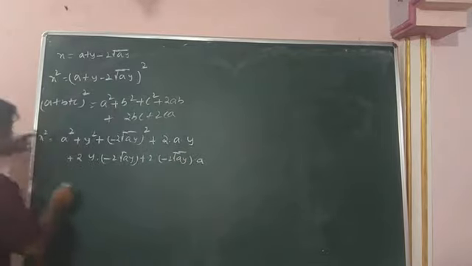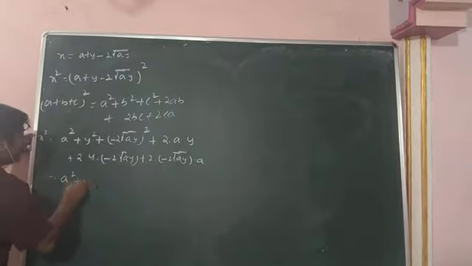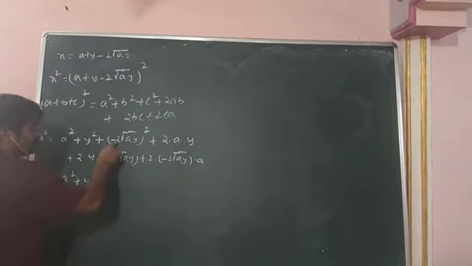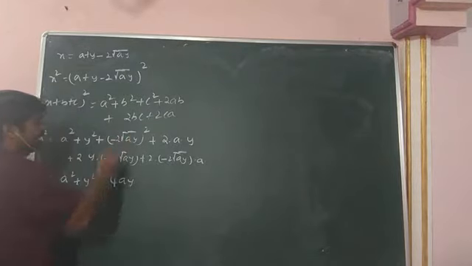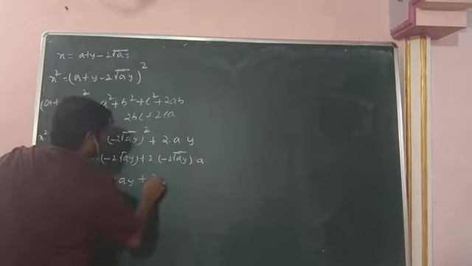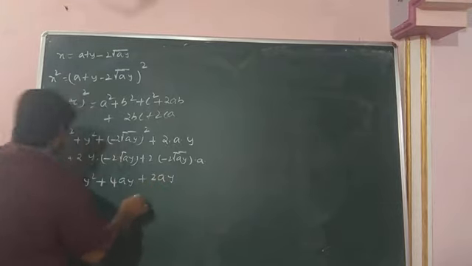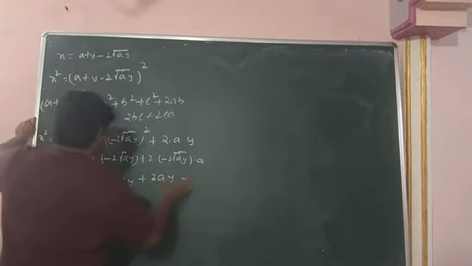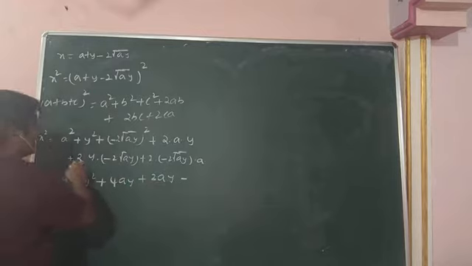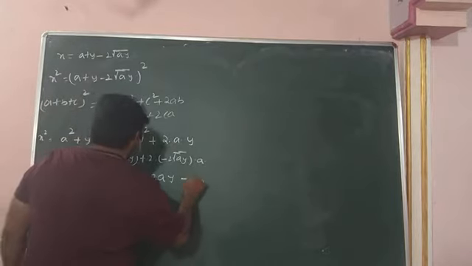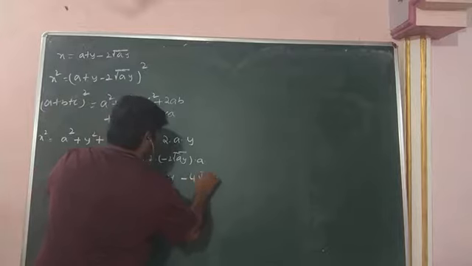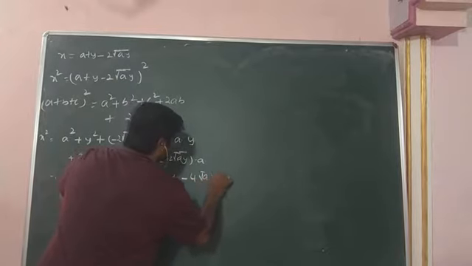So we get a square plus y square plus (minus 2 root a y) whole square, nothing but plus 4ay, since the square root will be cancelled, and plus 2ay, and then 2 into 2, minus 4, root a into y into root y.